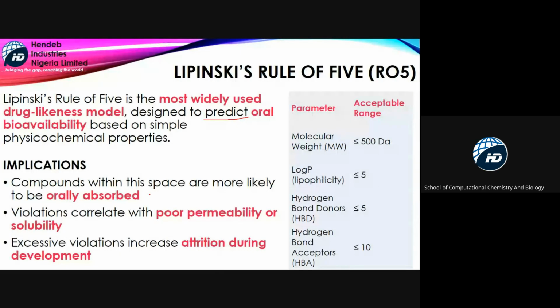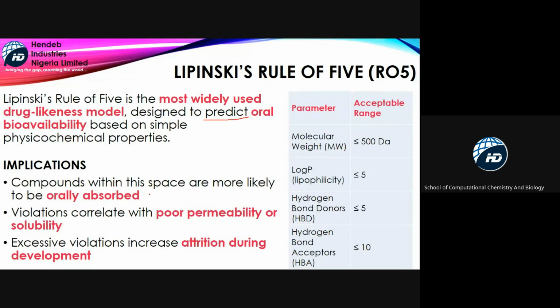It also implies that excessive violation increases attrition during development. So you find it difficult to develop an effective formulation from compounds that violated these conditions. That means we shall be using these conditions and their range to screen our bioactive compounds.